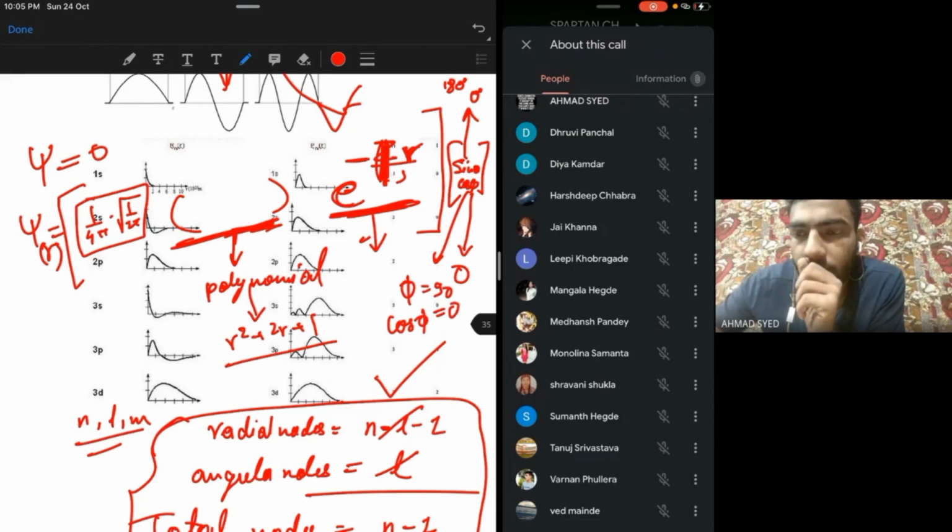So the polynomial which we have, actually it is r power n minus 1 plus things like this. So maximum r power minus l. Wait.